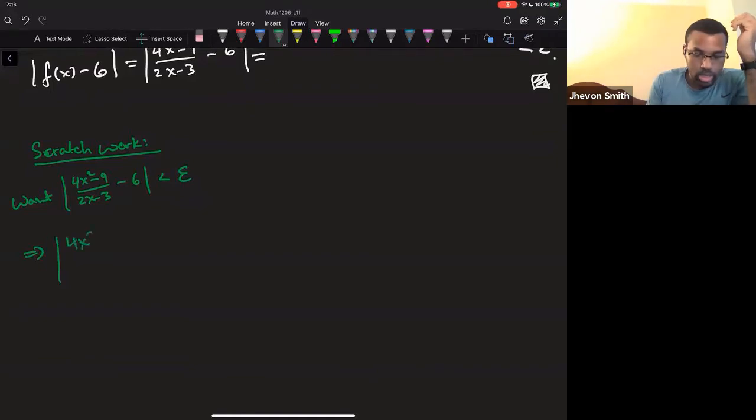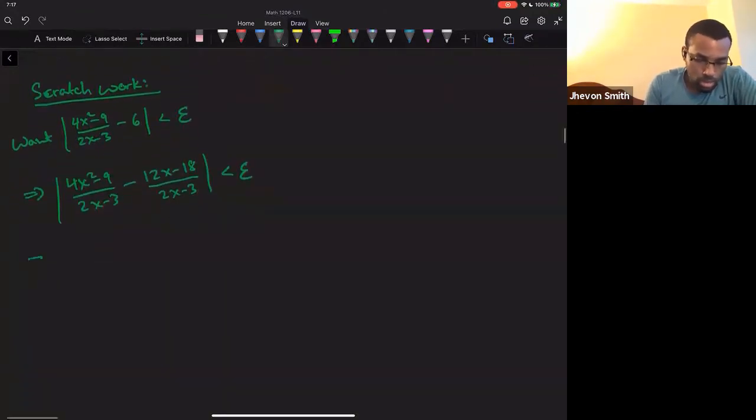Okay, so what can I do here? Combine these. 6 times that, that's 12x minus 18. So that would be 4x squared minus 12x plus 9 over 2x minus 3.